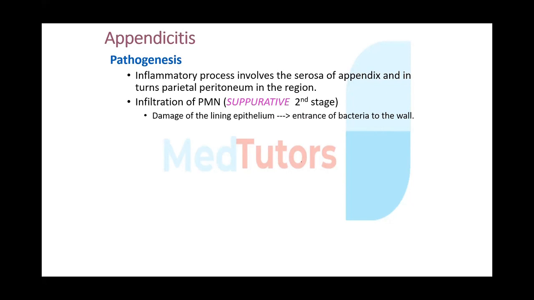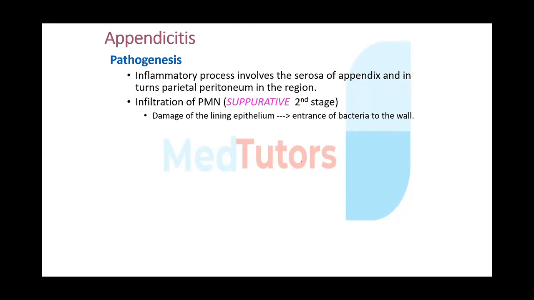So there's infiltration of that appendix by the polymorphonuclear cells, the neutrophils, in order to fight the infection at that site. So the infiltration of the white blood cells to that area is in fighting the infection. Some of the cells are killed, some of the bacteria are also killed, and the shedding of some epithelial cells collectively form pus.